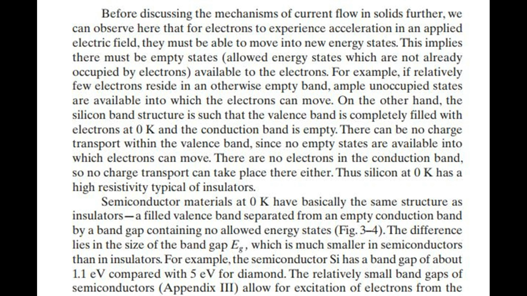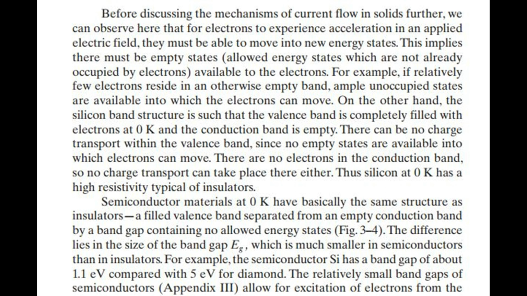to experience acceleration in an applied electric field, they must be able to move into new energy states. This implies there must be empty states, allowed energy states which are not already occupied by electrons, available to the electrons. For example, if relatively few electrons reside in an otherwise empty band, ample unoccupied states are available into which the electrons can move.